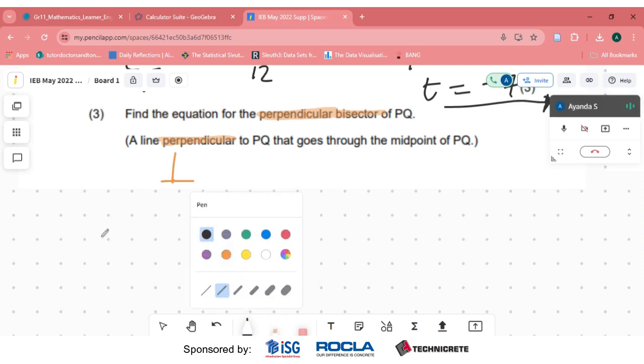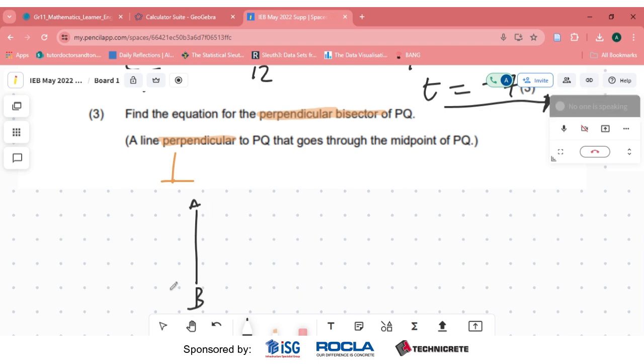Remember when we were learning about analytical geometry, we learned that when two lines are perpendicular, so let's call this line AB, and let's call this other line CD. AB is perpendicular to CD.